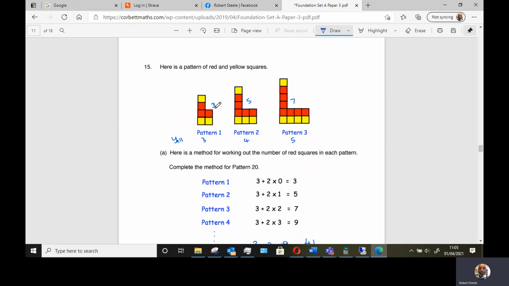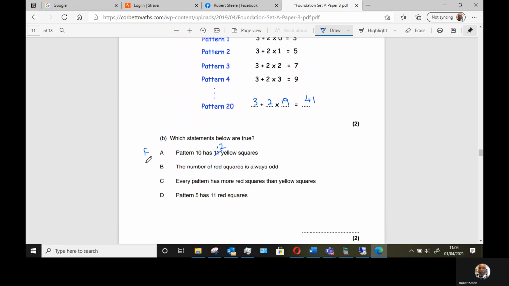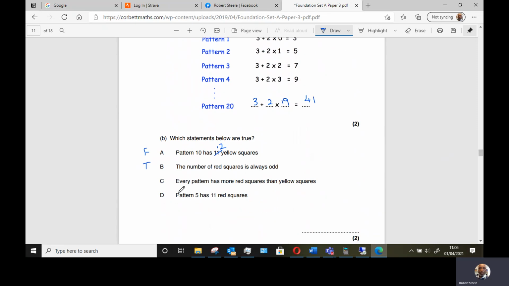Number of red squares, 3, 5, 7, 9. Start off odd and add even numbers. You'll always have odd numbers. Every pattern has more red than yellow, while this pattern has 3 of each. So that statement is false.